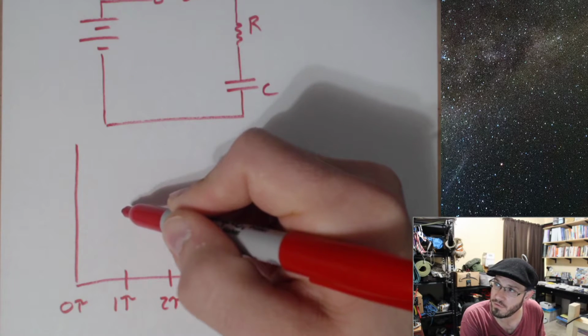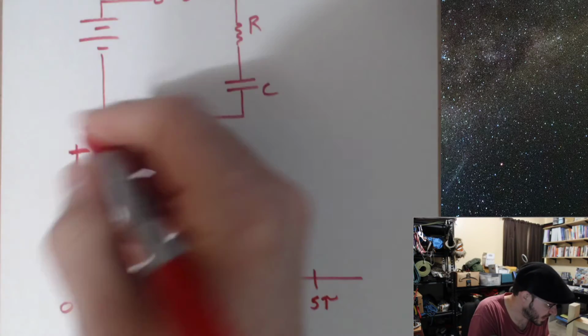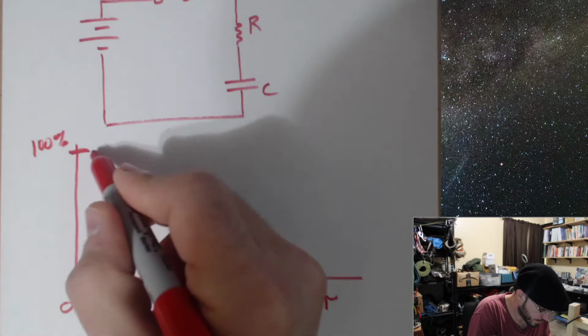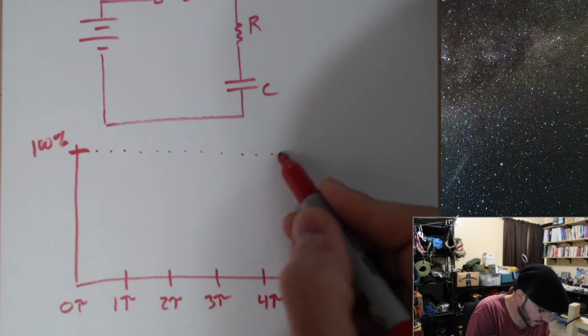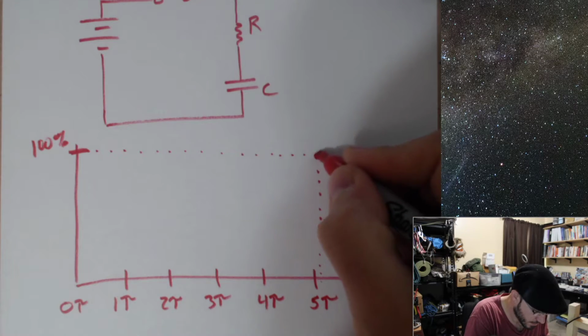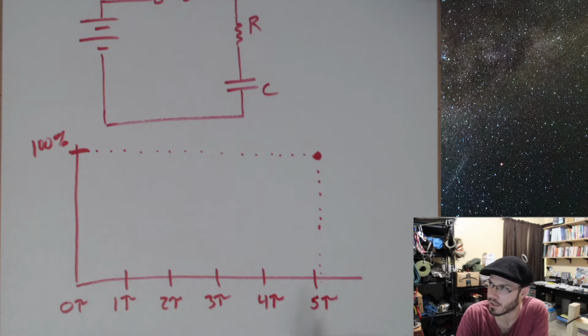So if you think about the 50 mark, well, let's say over here, let's call this 100% first. We're going to reach 100% after 5 time constants.